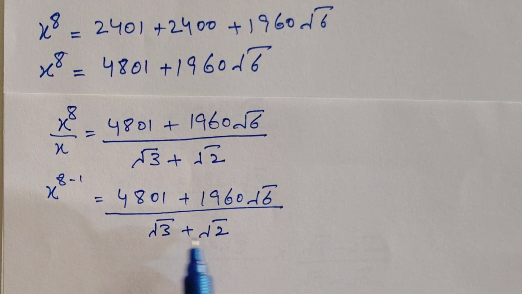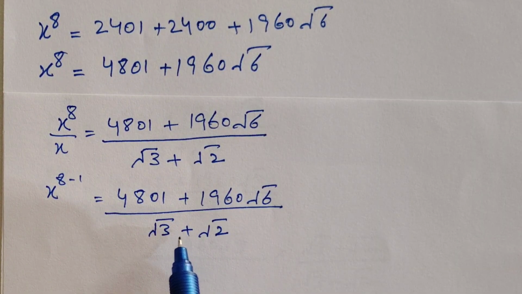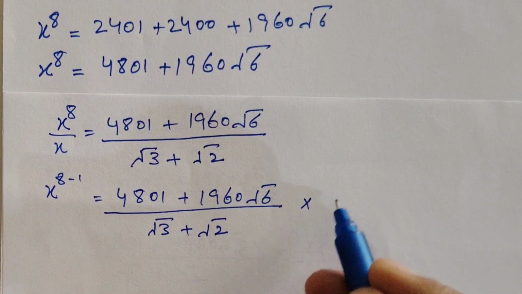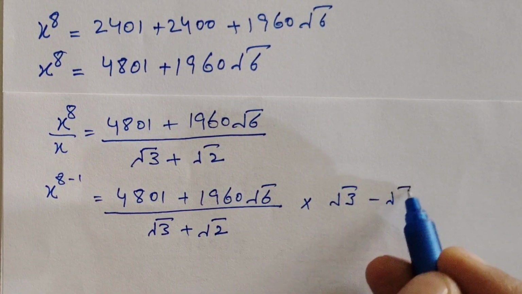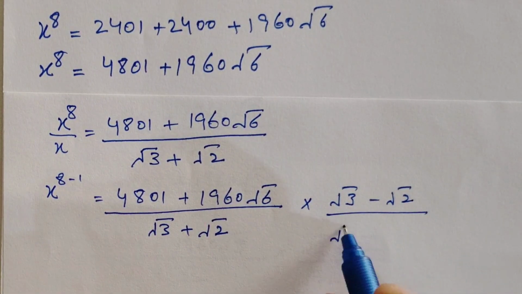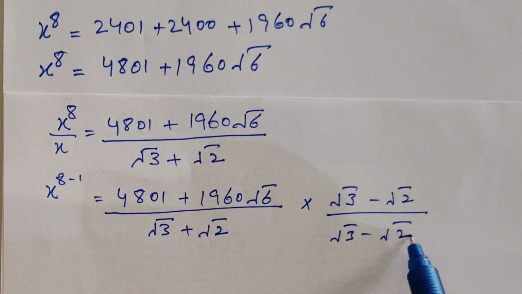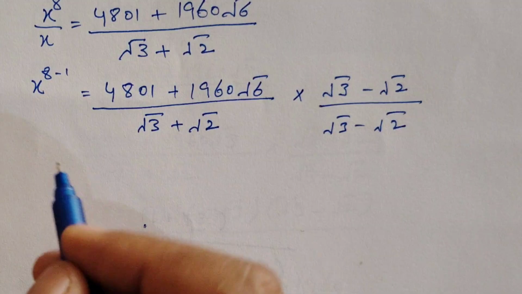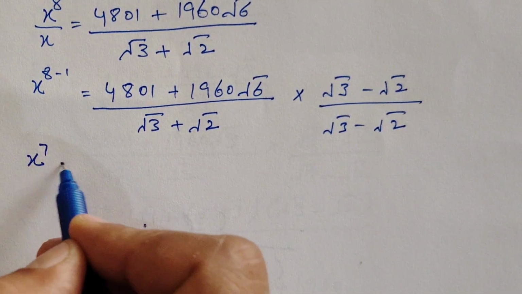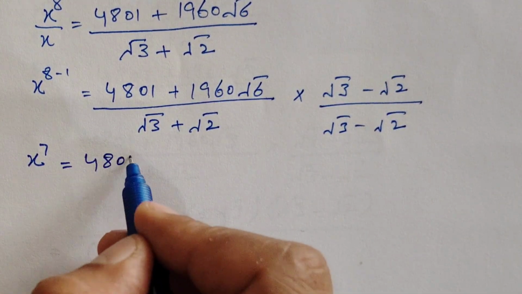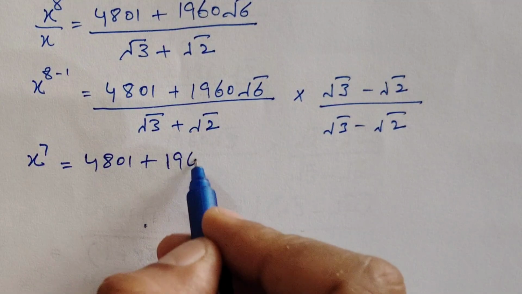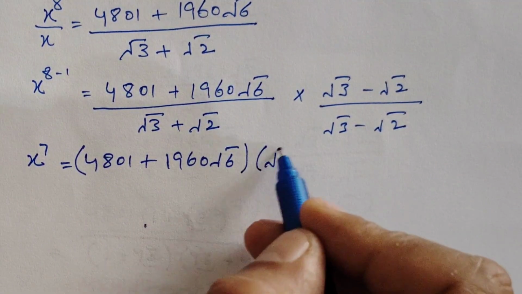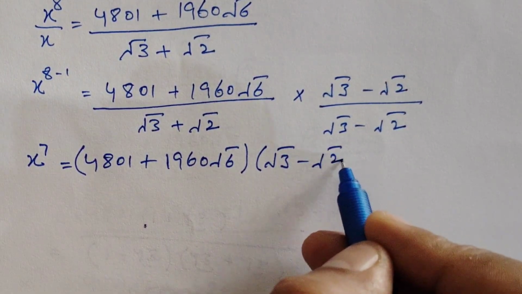Now to solve this equation further, we again use the conjugate formula, with which we multiply and divide by the conjugate of the denominator, which is square root of 3 minus square root of 2 divided by square root of 3 minus square root of 2. Now x power 7 is equal to 4801 plus 1960 square root of 6 into square root of 3 minus square root of 2.